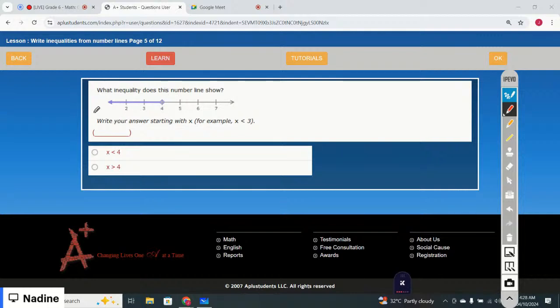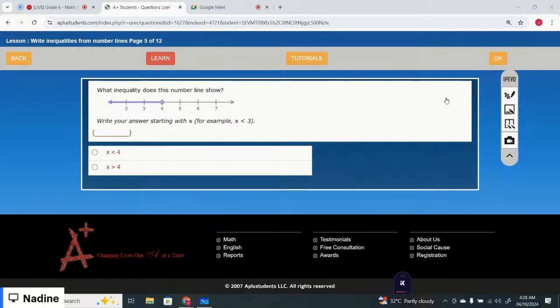So that means all the numbers that are less than 4 are the solution. That is, x is less than 4, right? If you have a closed circle at 4, that means 4 is included. You can then write like this: x is less than or equal to 4, right? But for this one, 4 is not the solution. It is just x is less than 4. Option number 1 is the correct option. Which thing you didn't understand? You can ask a question.